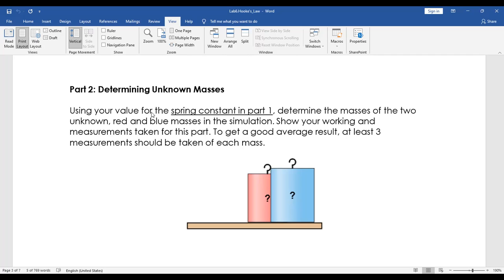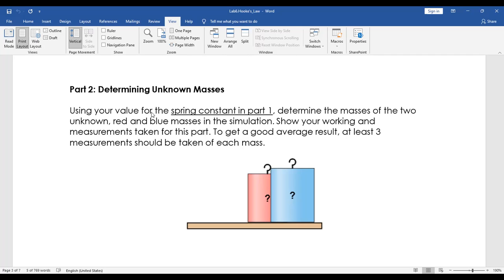Divided by 9.8 meter per second squared. In this way, we can find the mass, because this is mg and g is 9.8 meter per second squared, the acceleration due to gravity.